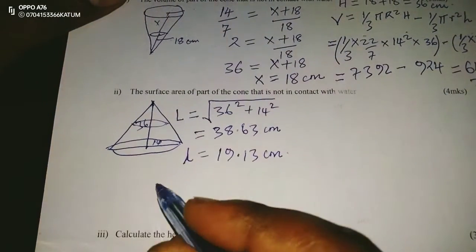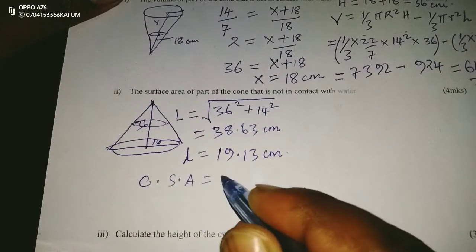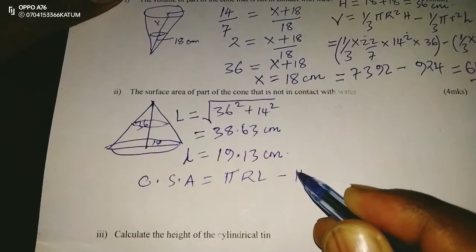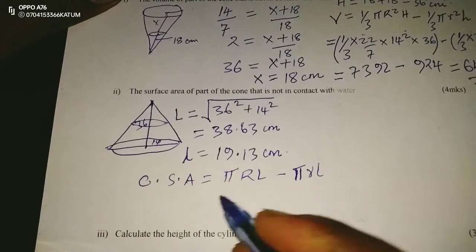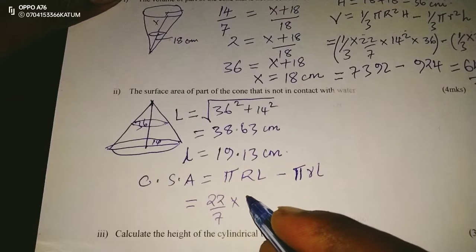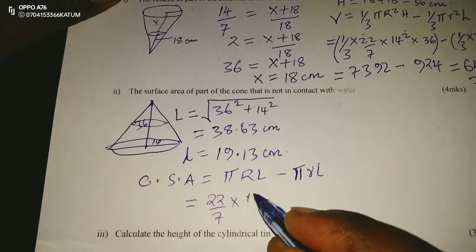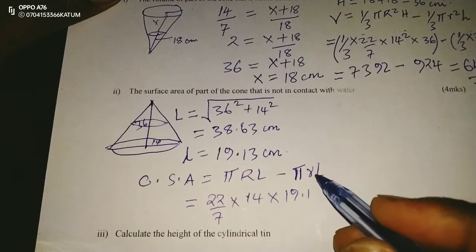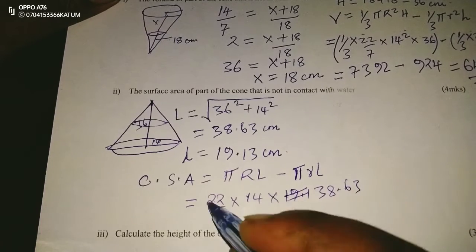Therefore, the curved surface area of the cone will be given by pi RL, but now there is the smaller one which has to be subtracted, pi r small l. So we use 22 over 7, that is the pi, then r is 14 and l is 38.63.